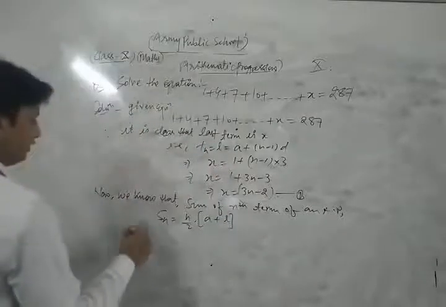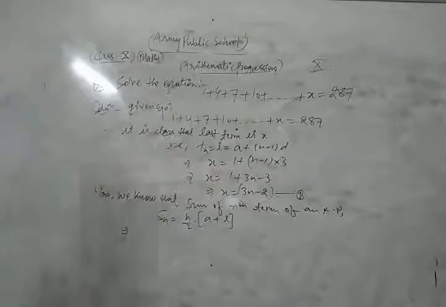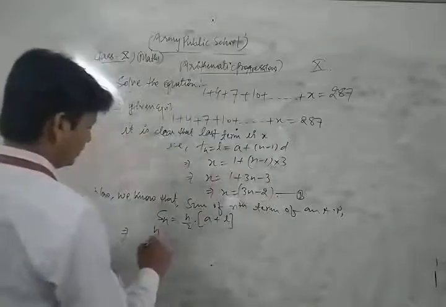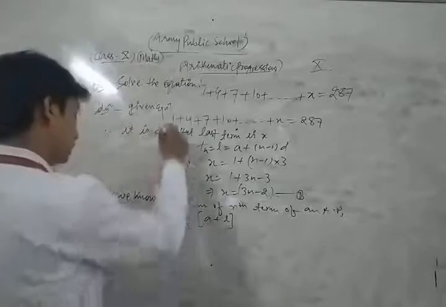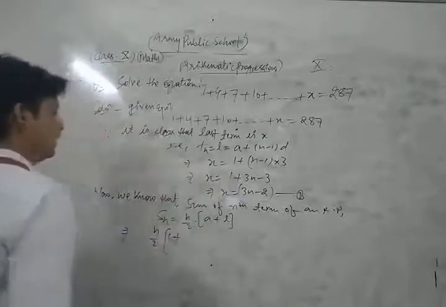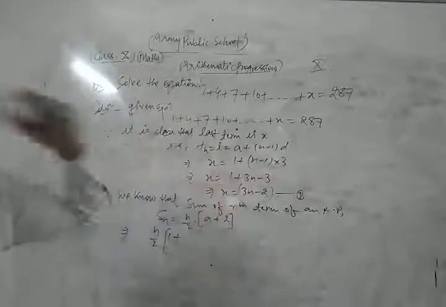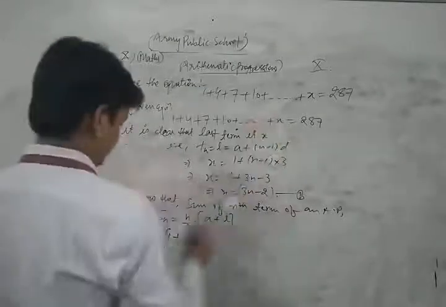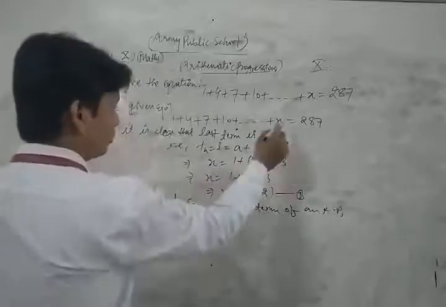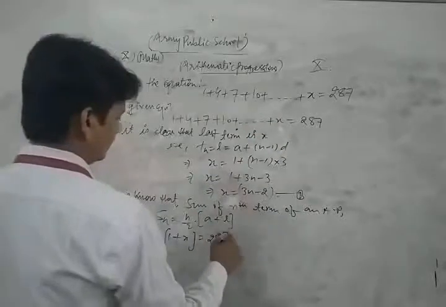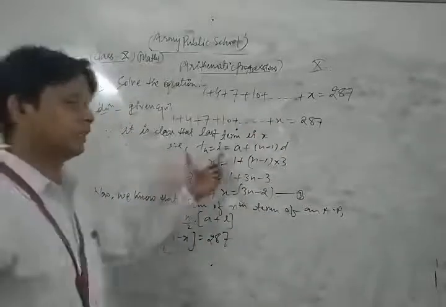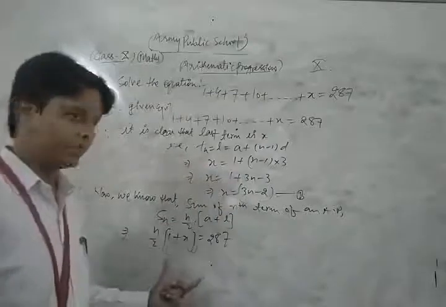We get n by 2, where n is n, a means 1, plus l, the last term of the given AP, this is x, which is equal to 3n minus 2, is equal to 287. Now we use that series and we get this result.